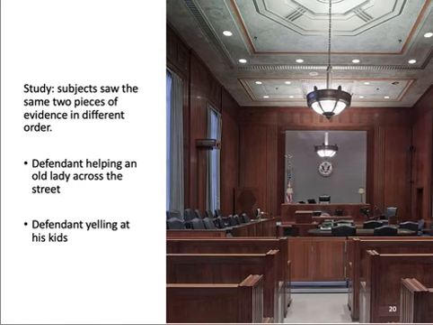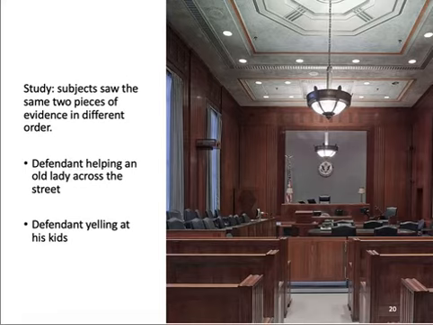Okay, so here is a relevant study which showed that humans are likely to do this. The subjects were asked to assess a defendant's guilt based on the evidence they were given. However, the two groups of subjects were given the same evidence but in different order.